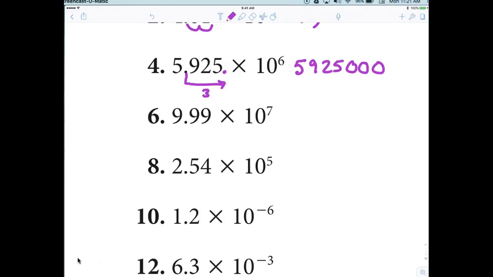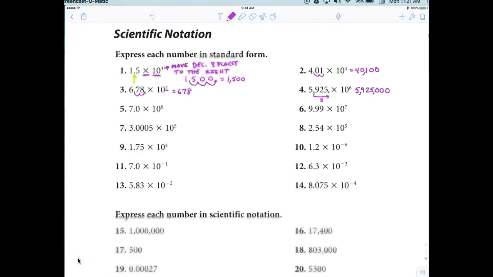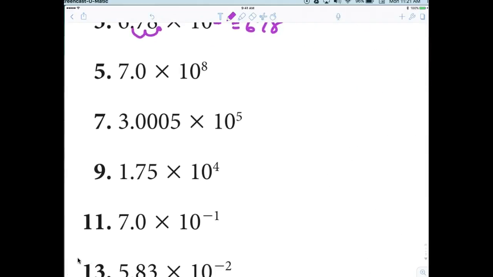You with me? Now I moved it 3 to the end, I've got to add on another 3. So that would make that number, which again, I want you to make sure you put in your commas, 5,925,000.